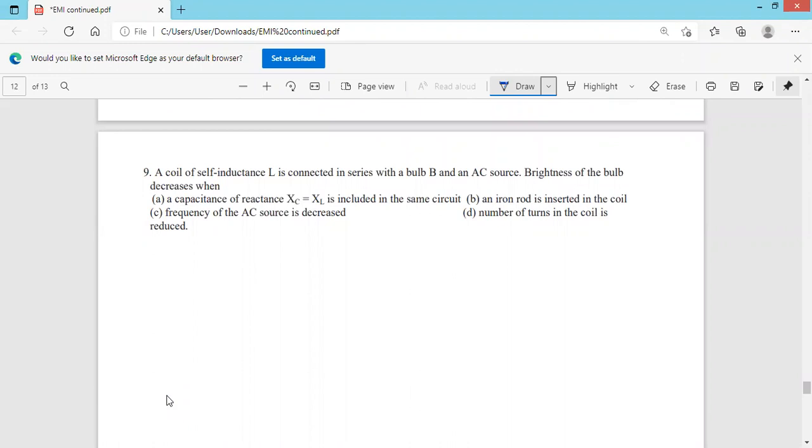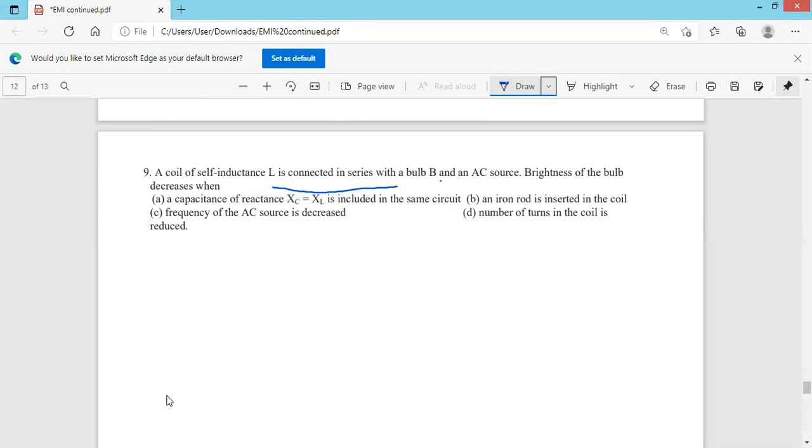Next one, 9th one. A coil of self-inductance L is connected in series with a bulb B and an AC source. The brightness of the bulb decreases when?